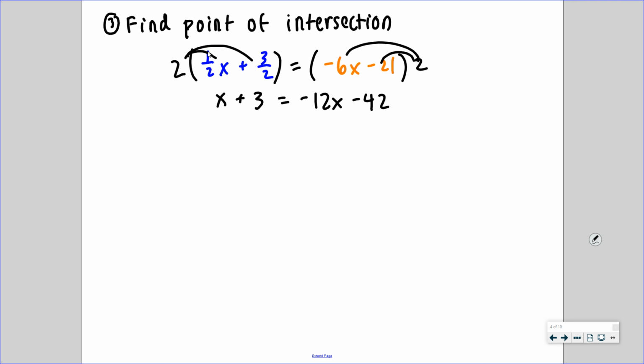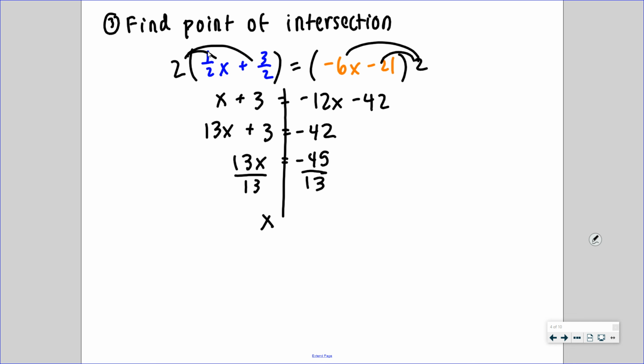That to me is a little bit easier to solve. I'm gonna add over the 12x and isolate my variable. Subtract 3, divide by 13. It's not a nice number. 13 is a prime number, so we're going to leave it as that improper fraction.